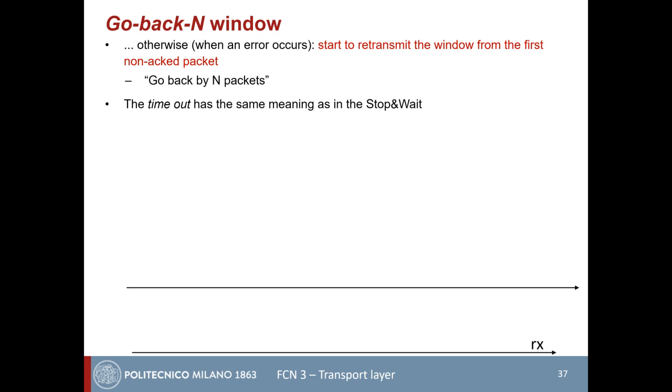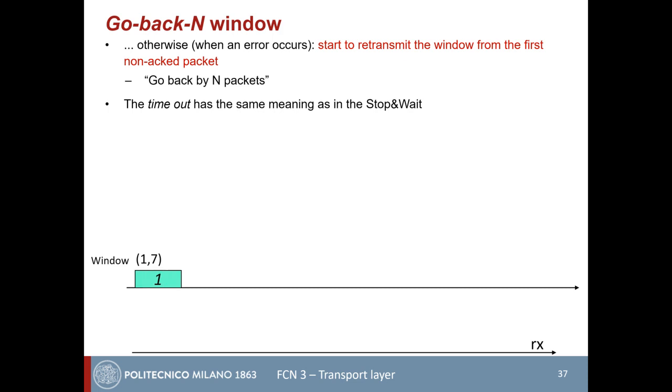And how does the transmitter know that an error occurs? The mechanism is based on the timeout again. So the timeout has the same meaning as in stop and wait. For example, we consider the same previous case. The window here has a size of 7 packets, so it starts from packet 1 and arrives at packet 7.